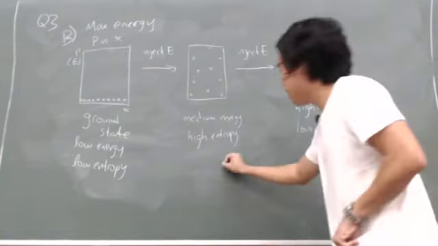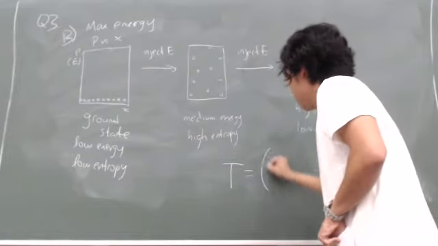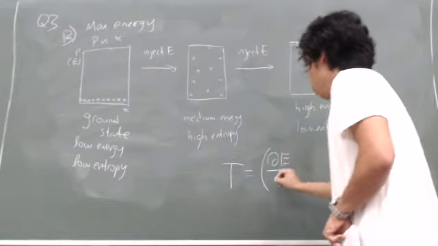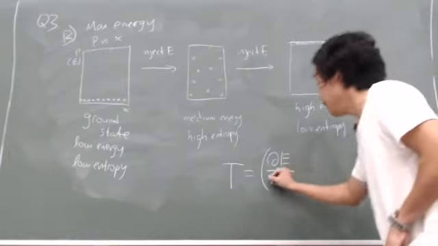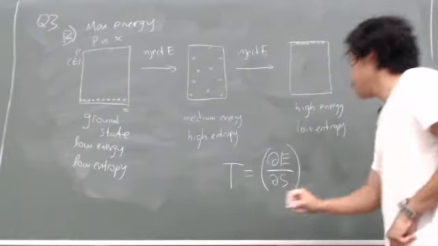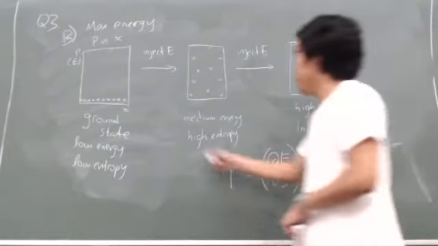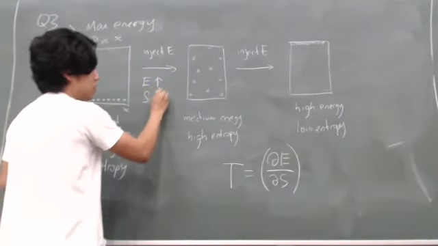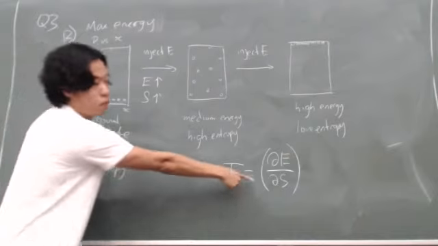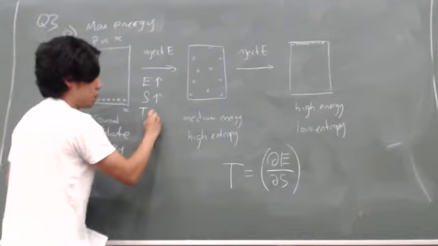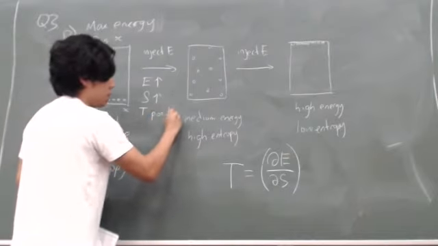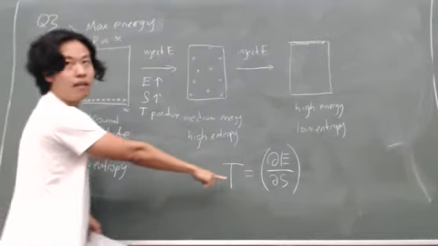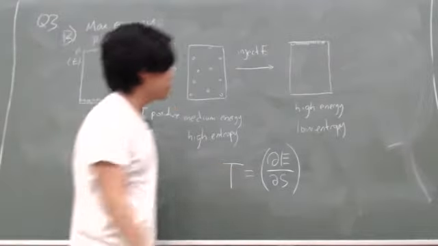So if you consider the definition for temperature, it's dE, or dU normally, but in this case energy is E, dS. Then we see for the first part, as energy increases, entropy increases. So this is a positive gradient. So then temperature is positive because it's going up as it's a positive gradient.